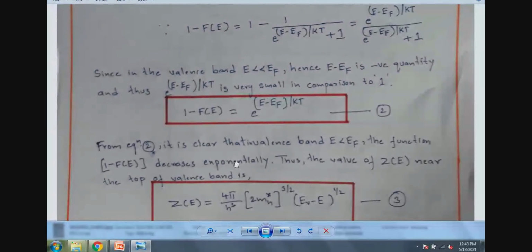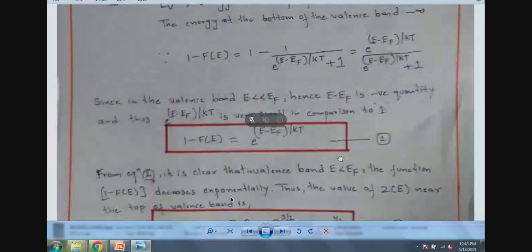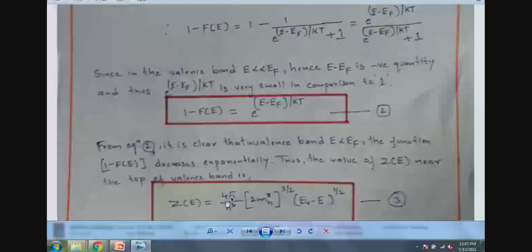That is the meaning of that. The value of z of E near the top of the valence band is given as before: 4 pi by h cube into (2 mh) to the power of 3/2, where mh is the effective mass of holes near the top level of the valence band. The difference is that instead of E minus EC, you put EV minus E, all to the power of 1 by 2.